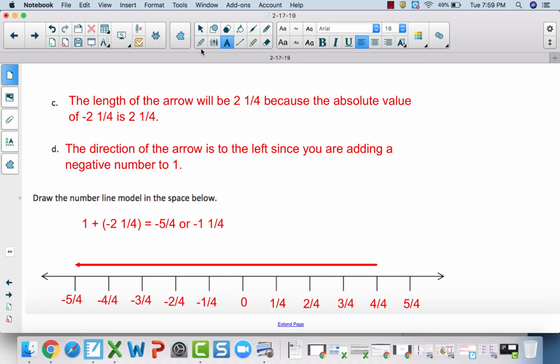So going from this point here, which is our 1, 4/4 is 1, which is our starting point, to -4/4, that represents 2, and this extra hop represents that extra quarter. So the answer you should have got was -5/4 or -1 1/4.